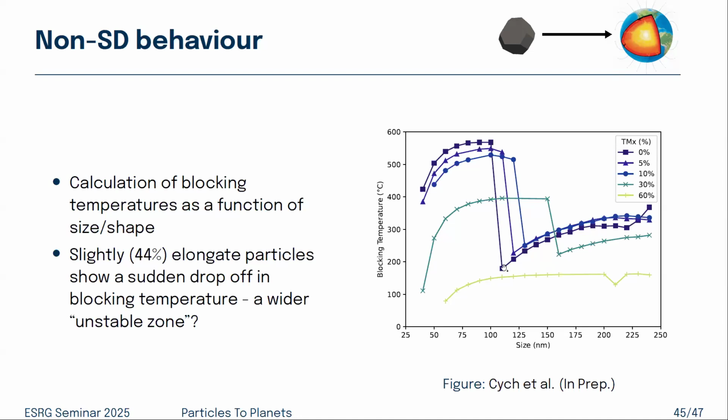But what you're seeing here is that these slightly elongate particles, like I showed you before in the single domain stuff, have this wider unstable zone. And what that means is you have a much wider region where these particles are going to behave poorly in your experiments compared to just an equidimensional particle.